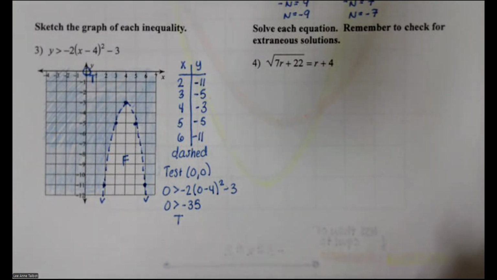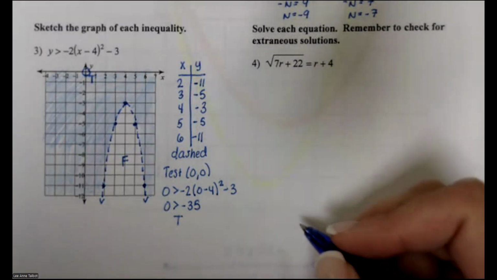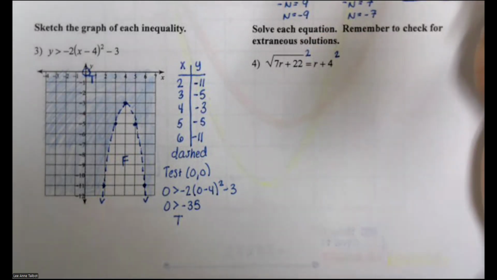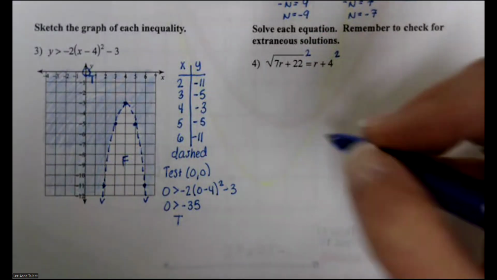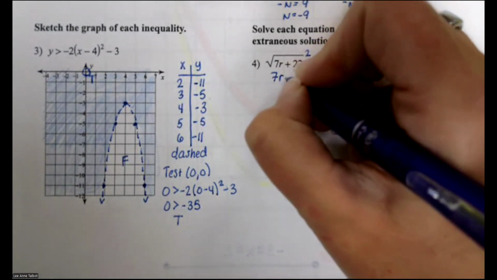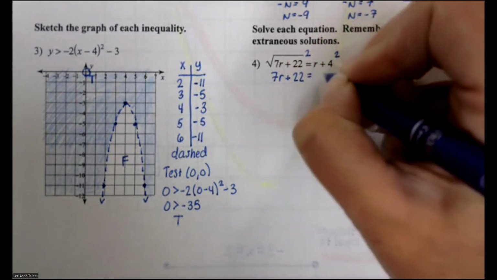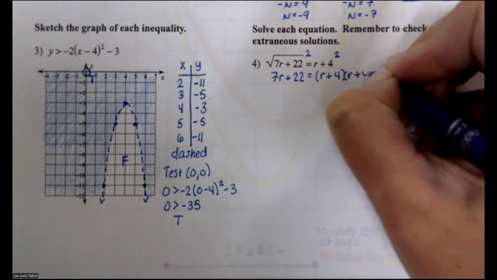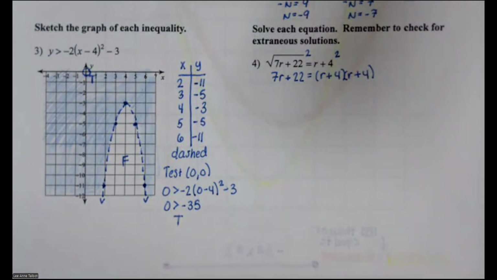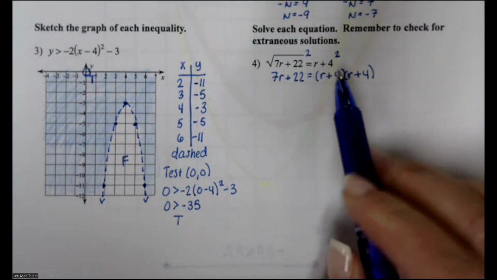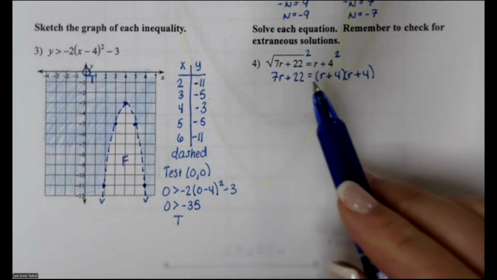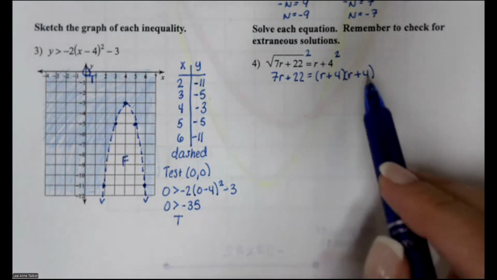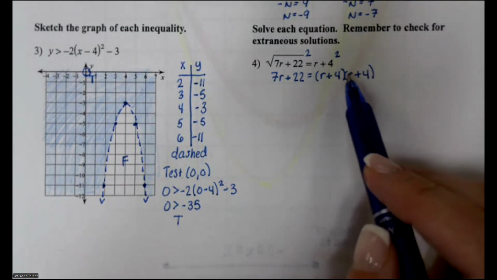Solve each equation. Remember to check for extraneous solutions. Okay, so undoing a square root is squaring both sides. But because this is notes, I want you to write this because this will tell you to do the box.